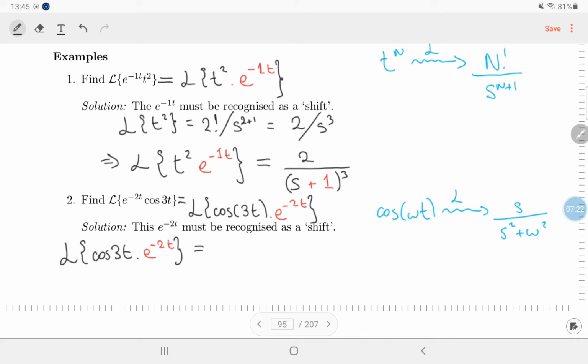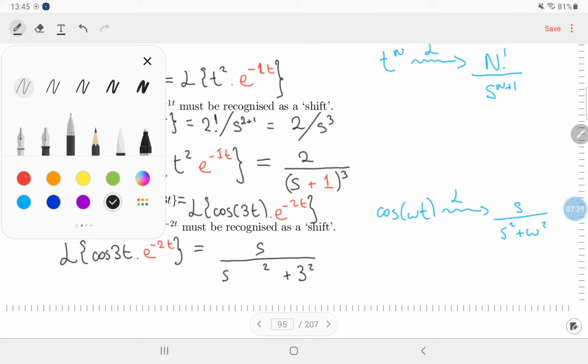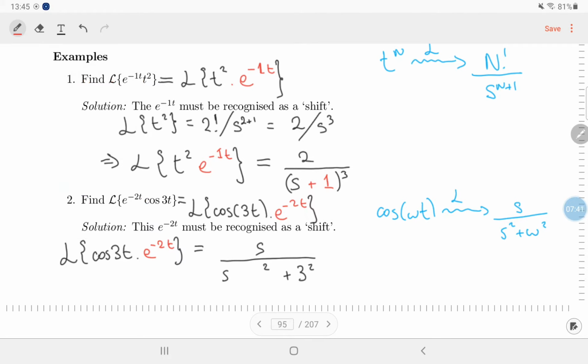The first shift theorem says send it as normal, so send it to s over s squared plus omega squared. Now the omega here is 3, so we'll do 3 squared. But the shifting says all the s's must be shifted, and because it's e to the minus 2t, they all get shifted to s plus 2.